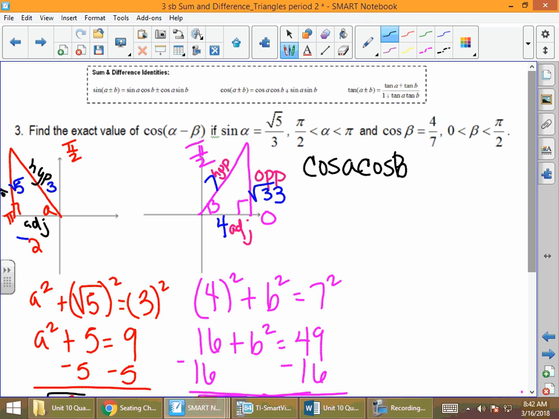Minus is on the bottom in the original. So in the bottom is going to be a plus. And then it's sine of alpha and sine of beta is what we're going to be filling in.